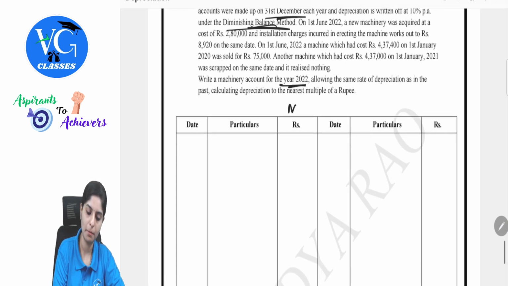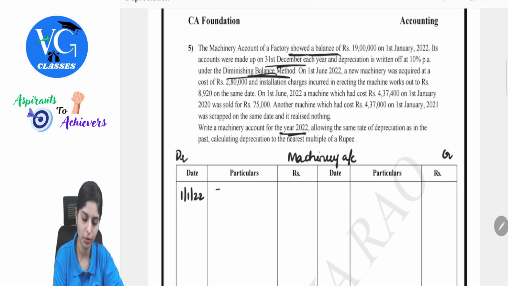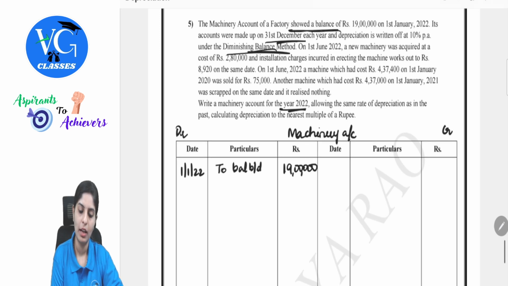So machinery account showed a balance of 19 lakh on 1st Jan 2022. To balance brought down. Can I write it like this? Because it's showing a balance of 19 lakh. And depreciation is written off at 10% under the diminishing balance. On 1st June 22, a new machinery was acquired at a cost of 2 lakh 80 and installation charges incurred in erecting works out to 8,920.